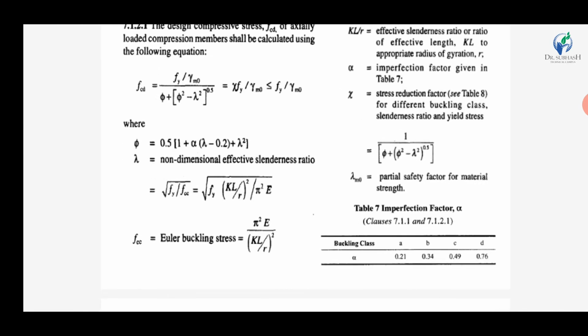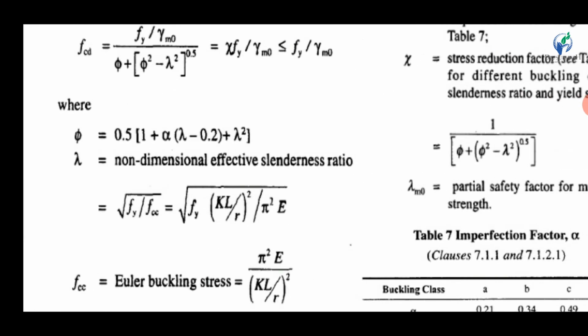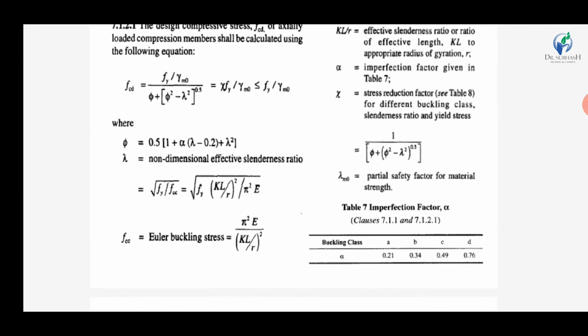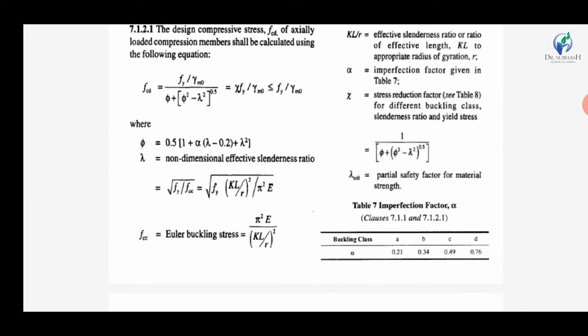So first we find FCC, then lambda. Once we find FCC and lambda, we get the value of phi, and once we get phi we can find FCD. Before this, we decide the buckling class of the column and the imperfection factor.